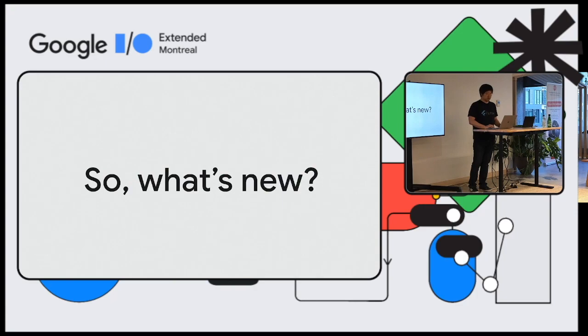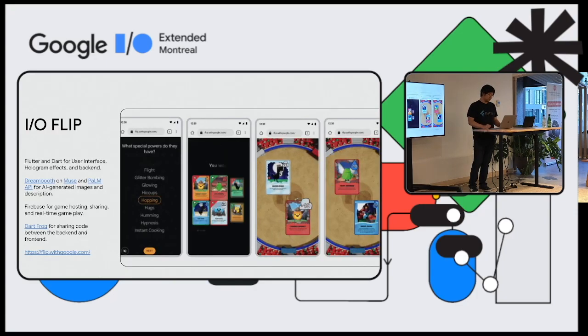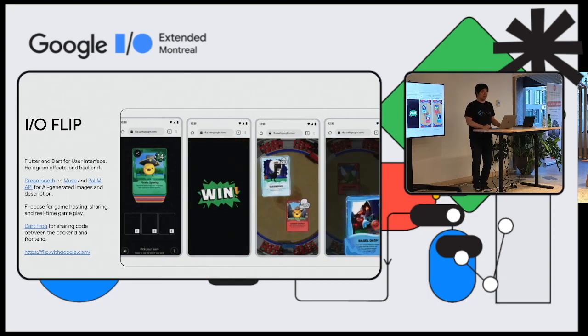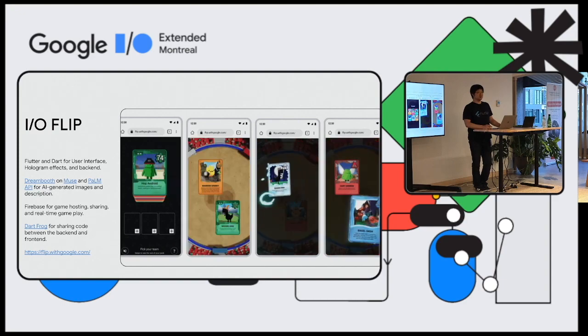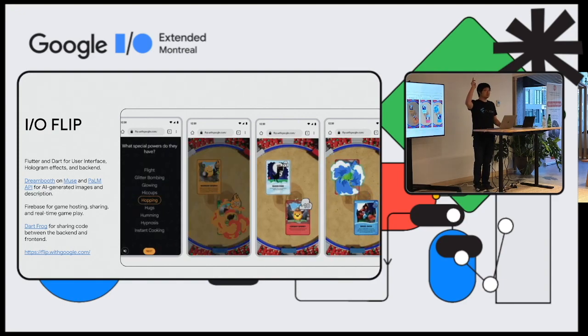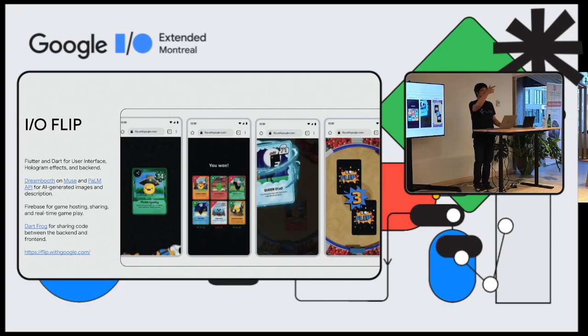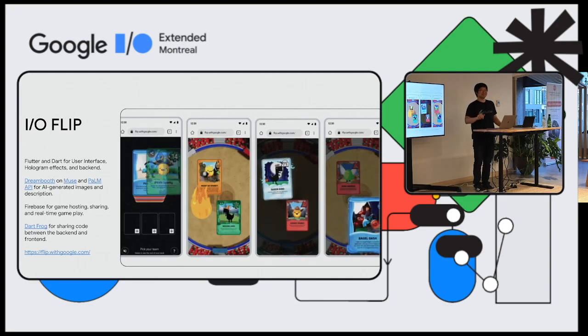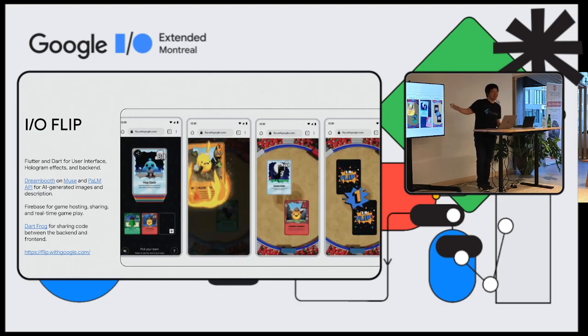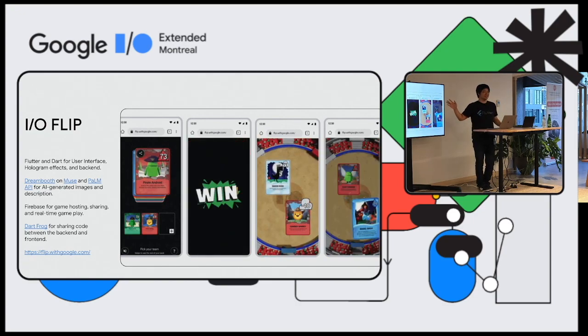So now let's start with what's actually new in Flutter. I don't know if you guys have seen this I/O Flip game that Google introduced for Google I/O 23. Anyone tried it already? No? Okay, so this application is quite cool because they actually use AI to create this game.